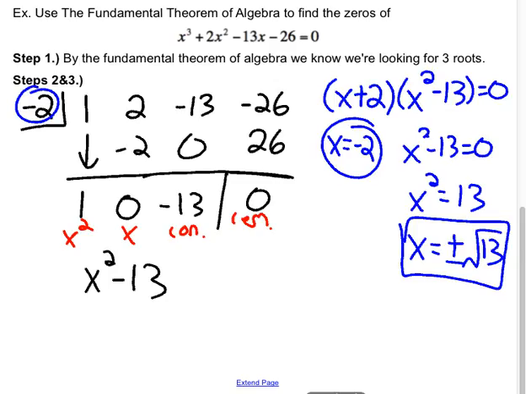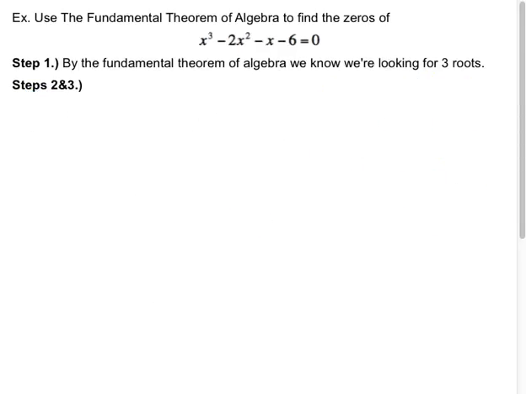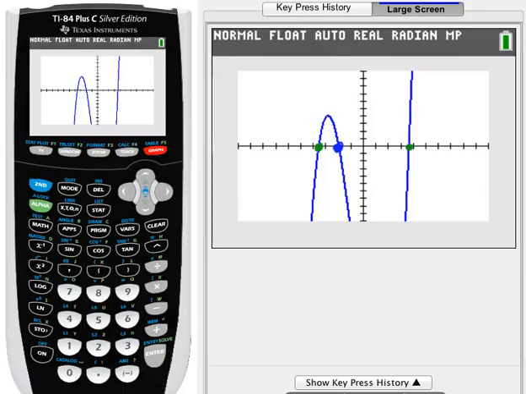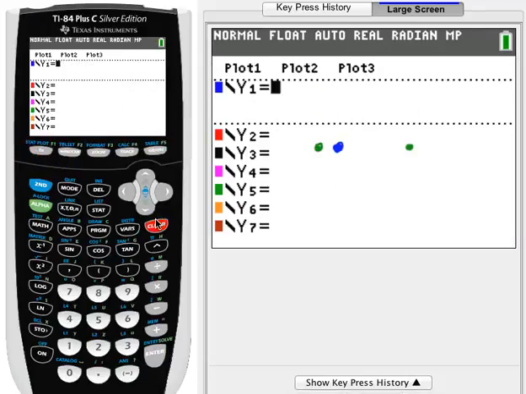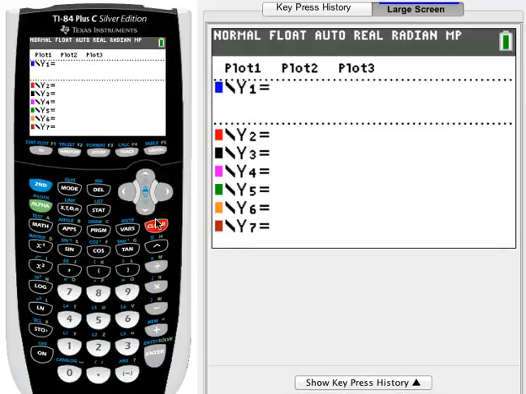So let's do our last example for the day. So again, it's cubic, so we know we're looking for 3 solutions. Now let's go type it in the calculator to see what we're getting. Okay, I'm going to get rid of those.